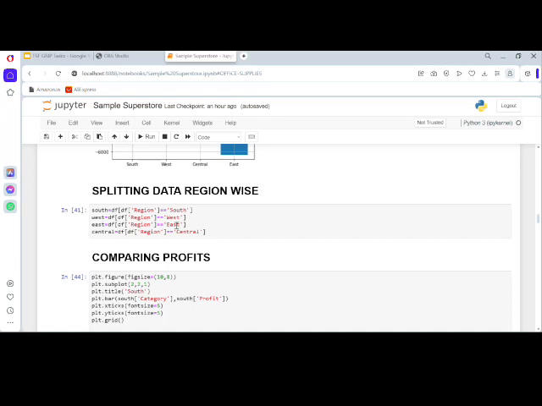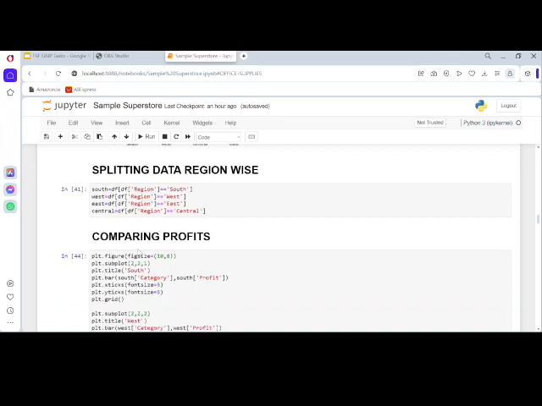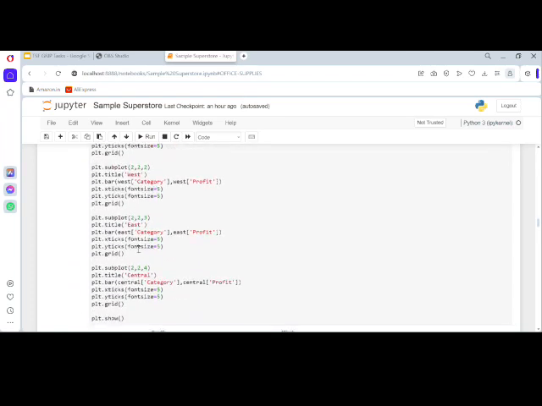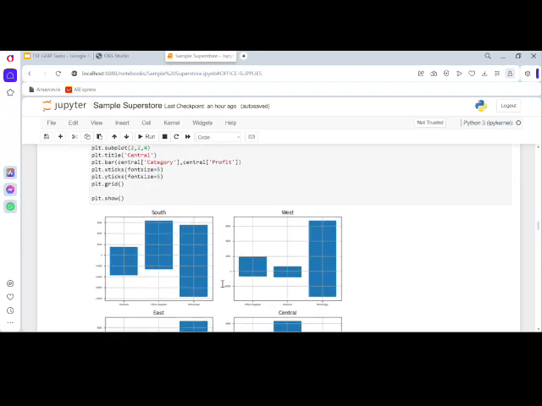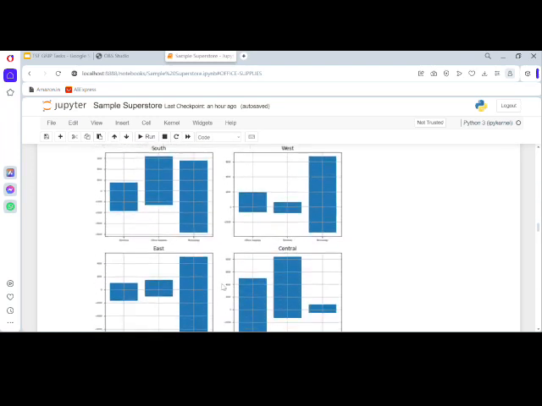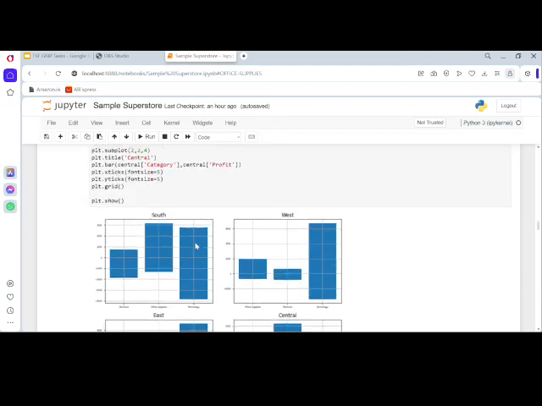Then we have divided the data set into particular regions and made a grid to check which category sells the most in which region, in terms of profit.